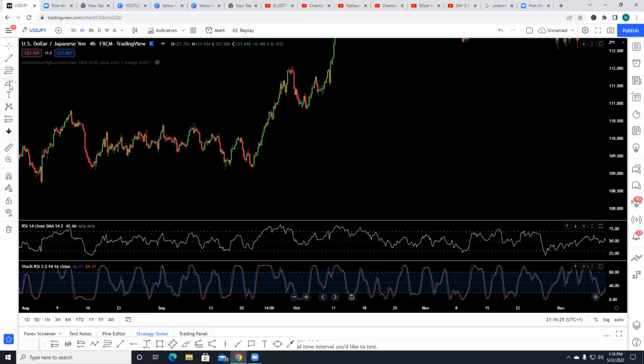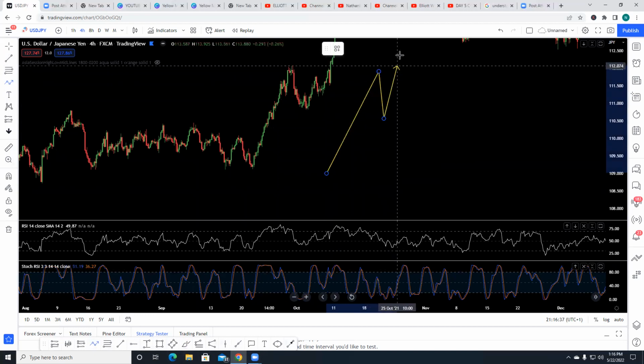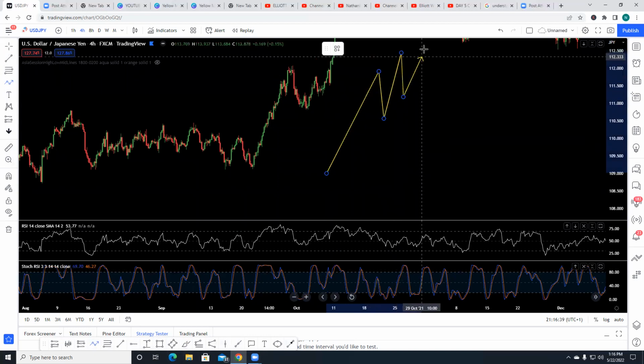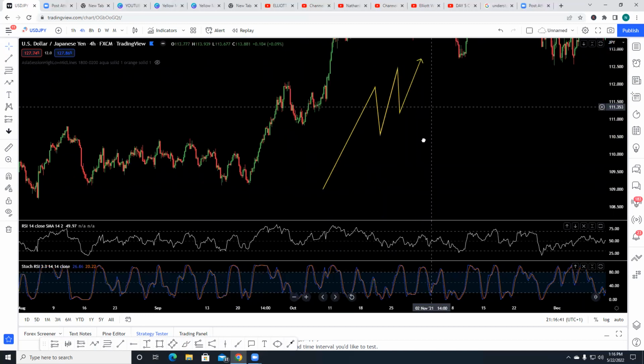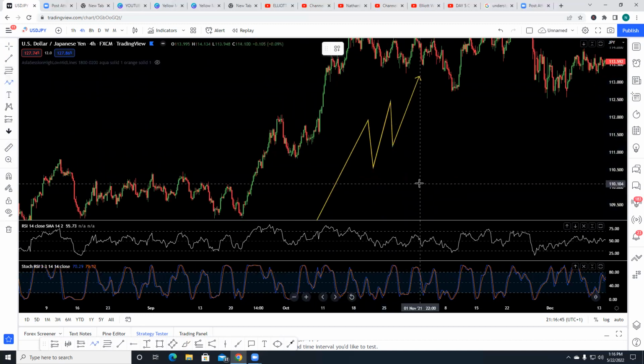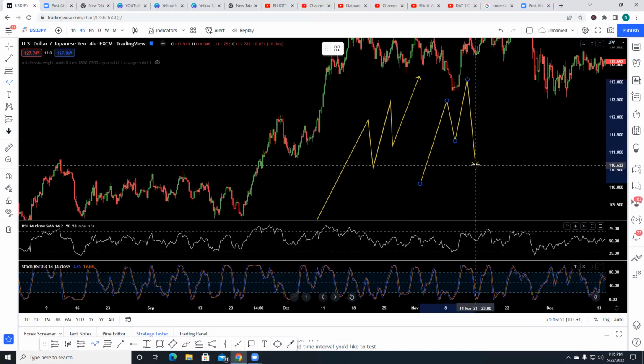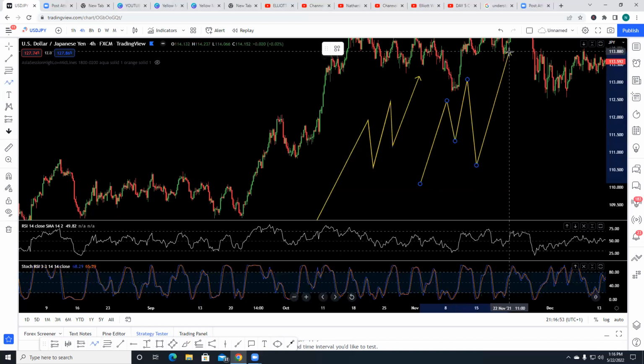When we were discussing structural transformation of a flat corrective structure, we did say that some flat corrective structures can transform to another one. If you have an impulse here, you have 1, 2, and 3. This is a running flat, then upside. We are saying that this running flat, 1, 2, and 3, can transform itself to an expanding flat before it moves.